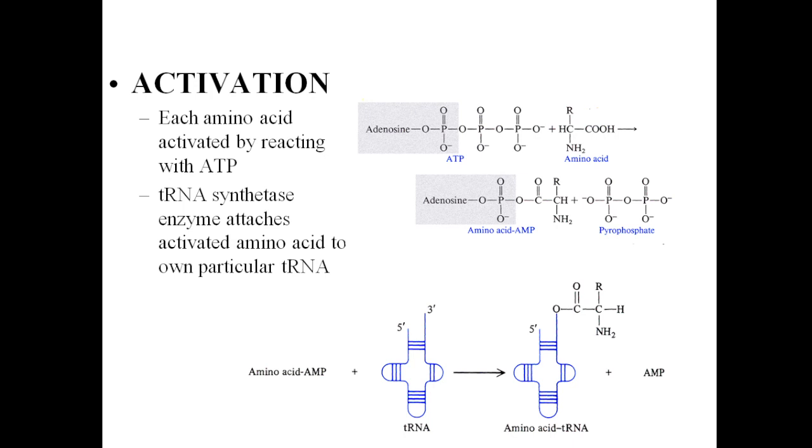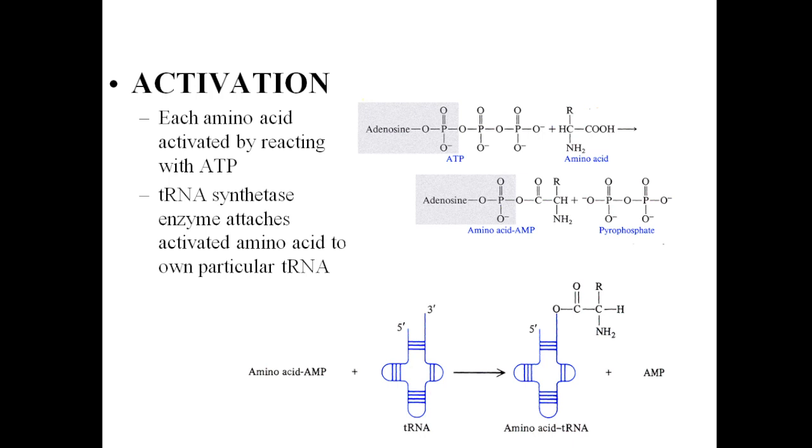Now you know that in all synthetic reactions activated monomers, activated substances, are used. For example, in synthesis of glycogen, not free glucose but UDP glucose is used. In synthesis of soluble bilirubin, not free glucuronic acid but UDP glucuronic acid is used.